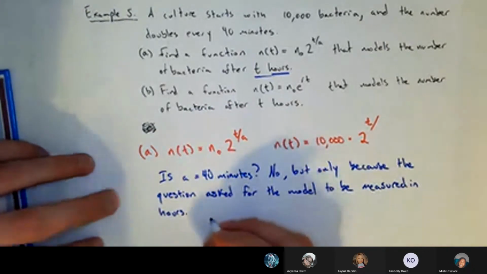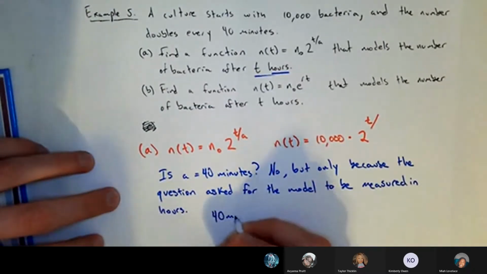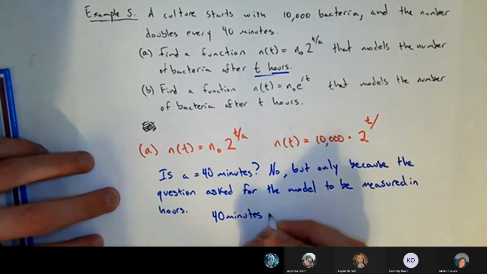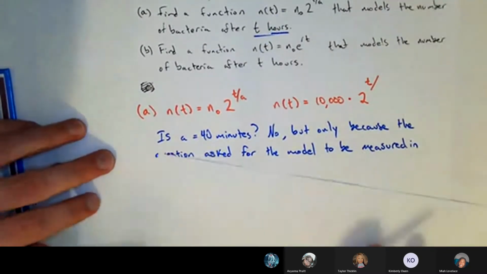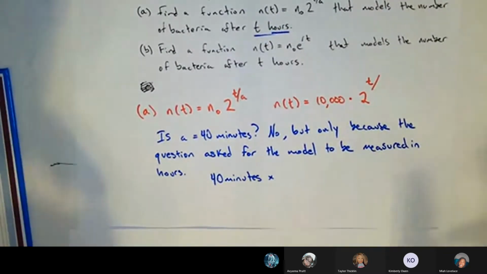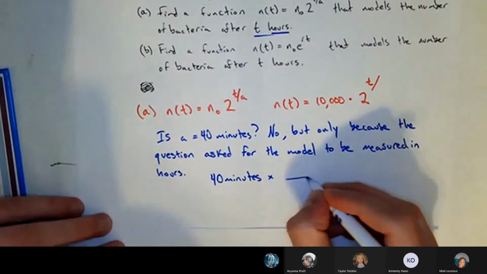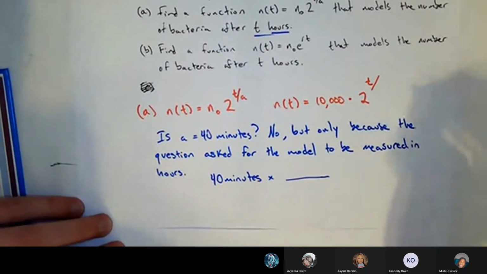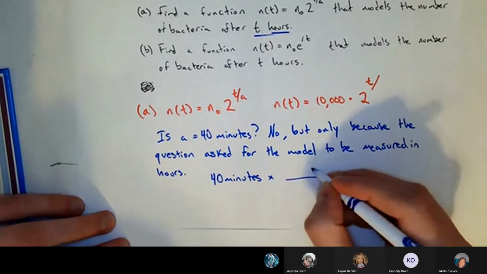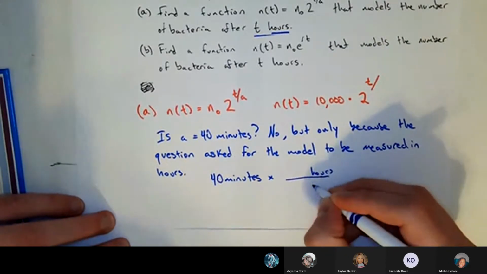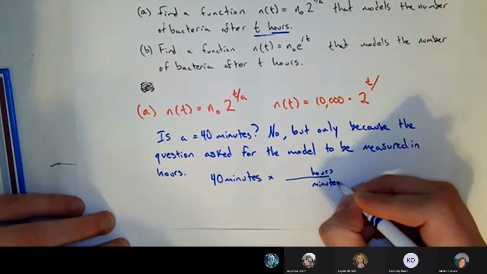So how do I write 40 minutes in hours? Well, I can use a little bit of dimensional analysis, which you'll find to be one of the most useful things that math can do for you in your science classes. Changing units. So I want to get it measured in hours, so I put the unit of hours up top, and I want to get rid of minutes, so I put those in the bottom.